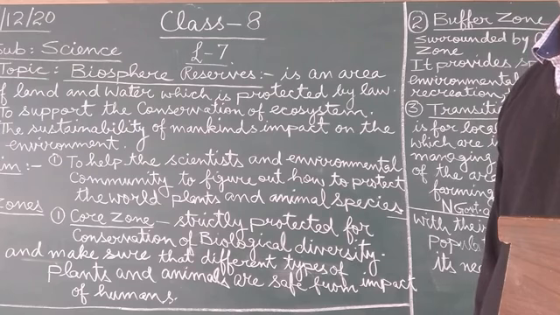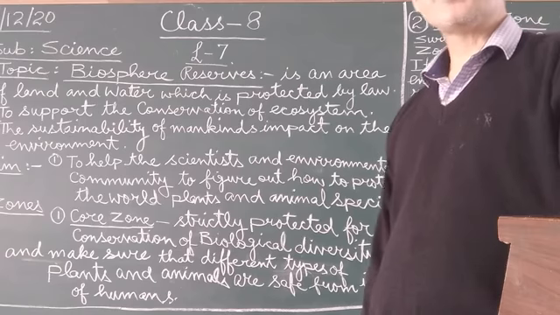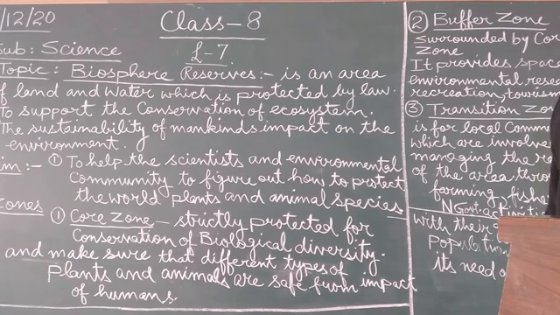The goal of establishing this Biosphere Reserve is to help the scientists and environmental communities to figure out how to protect the various species of animals and plants which are present in the world with their increasing population and their need for fulfillment of the natural resources which will make their life possible or which will help in their survival. So this is the aim of establishing the Biosphere Reserve.